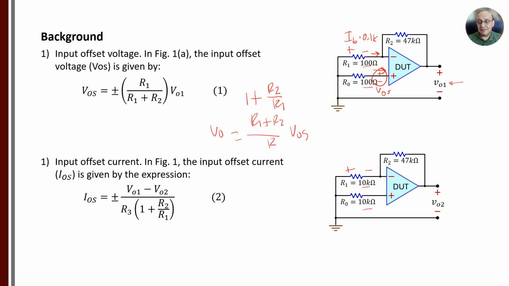So the voltage over here is going to be produced by the input bias current multiplied by this resistor, R1, and then the bottom resistor is going to be the bias of the second transistor times R0. They are supposed to be equal, so ideally the two input sides are equal with respect to the input bias current, but if there is an offset, that is no longer true. This expression that we have here is intended to represent that, and you can derive that equation just following the same circuit analysis techniques we have been using.